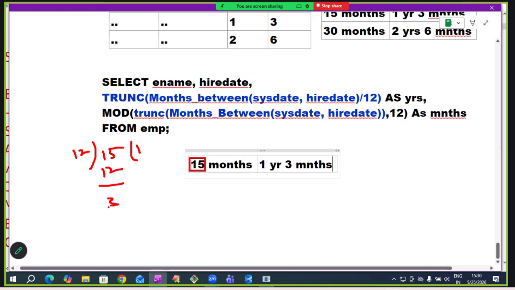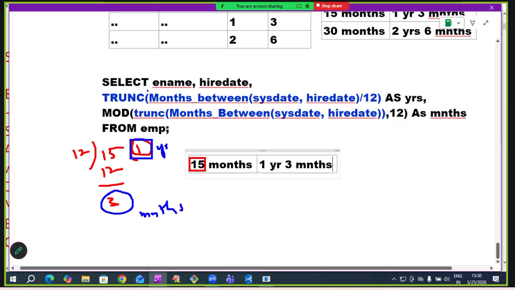Remainder is 3. So this quotient is years. This remainder is months. 1 year, 3 months.